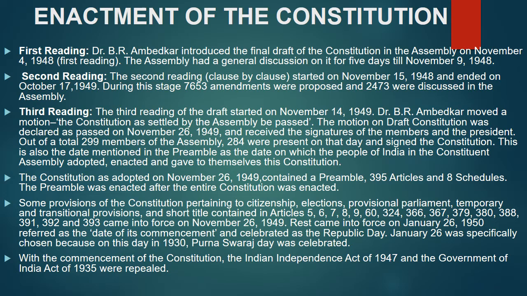The Assembly went through that draft version for 5 days till November 9, 1948, and then it started the second reading session, which started on November 15, 1948, and ended on October 17, 1949. That is, almost 1 year to discuss all those clauses and amendments and proposals.